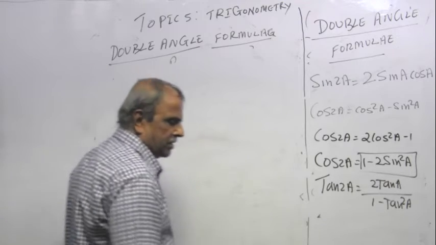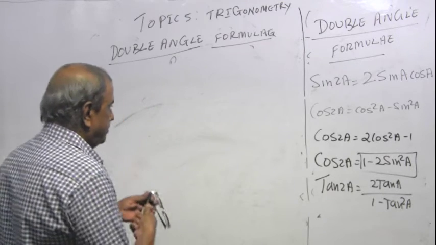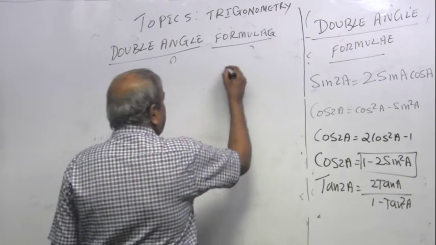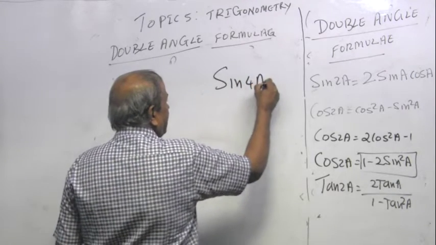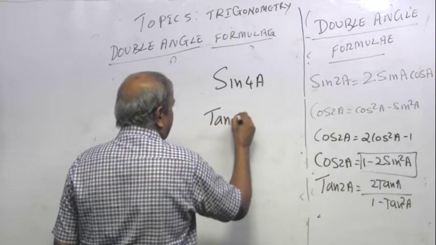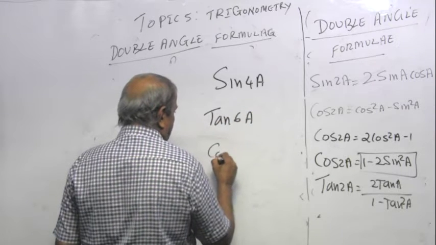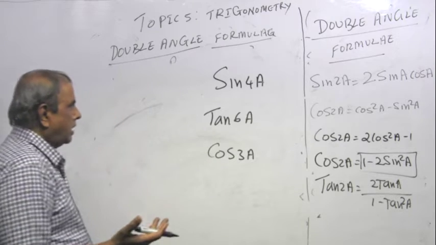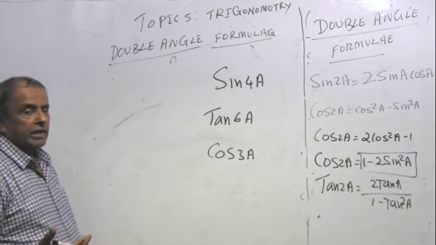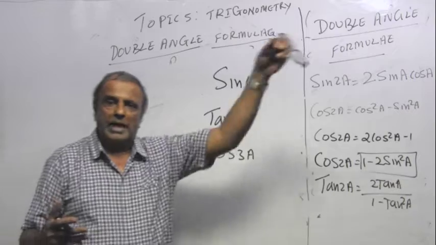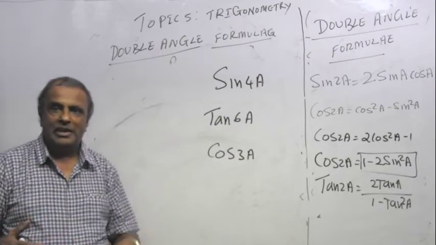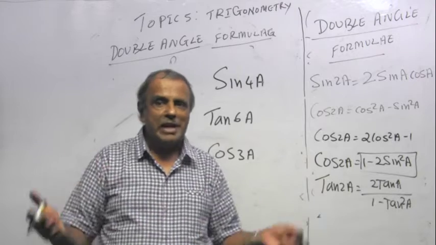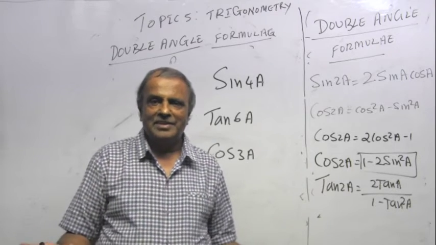But then comes the question: what if it were to be something else? We're done for 3a. What is sin 4a? What is tan 6a? I can't have a formula for the double angle, the quadruple angle, the triple angle, 6a. Like that, there will be millions and millions of formulae.